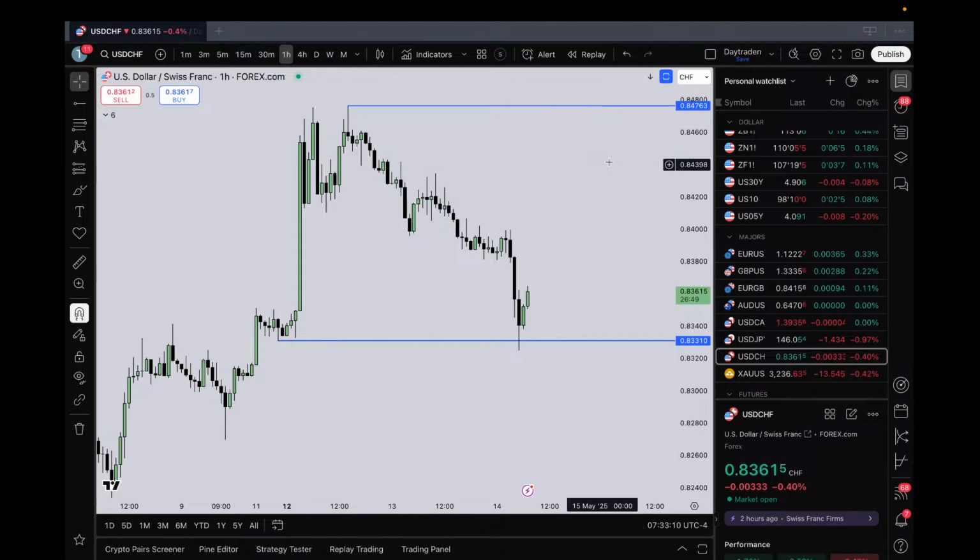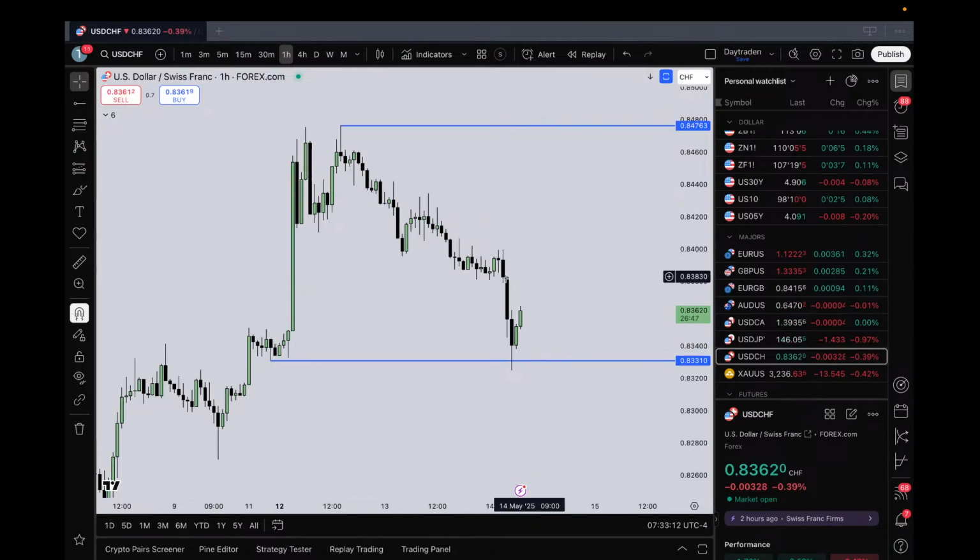So price could seek buy side liquidity right over here. Again, we need to see if we get the confirmation to go from sell side of the curve into buy side of the curve, but then we need to see the violation of bullish PD arrays so that we can utilize them as support for price to trade higher. So this is another asset that you could be looking at.